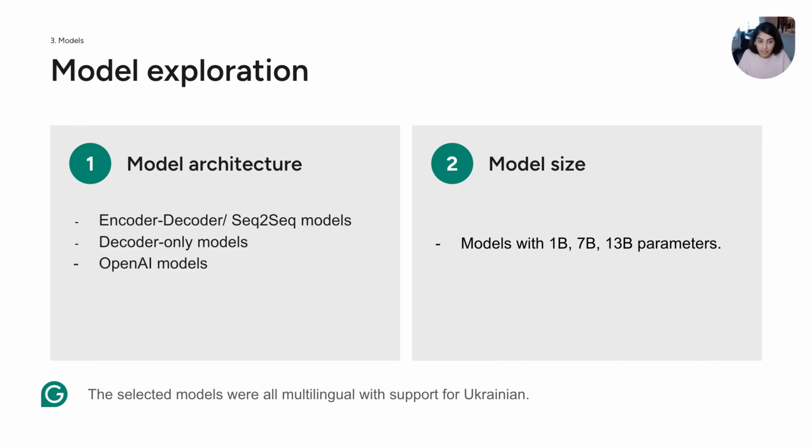One is the model architecture, which is the style of model, for example, an encoder-decoder style or a decoder-only model. The second dimension is the model size, from 1 billion all the way to 13 billion parameters. And needless to say, all the models that we have used here are multilingual with support for Ukrainian.